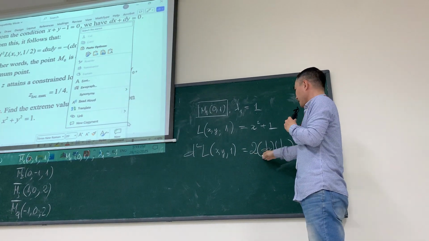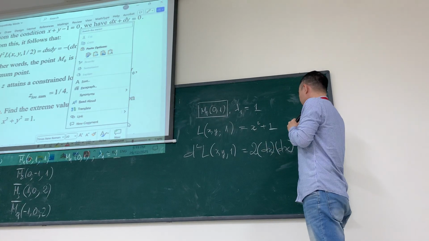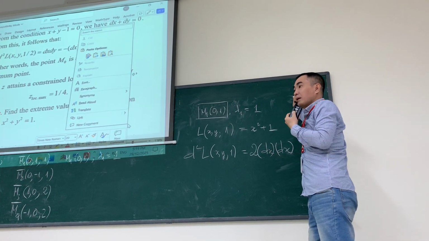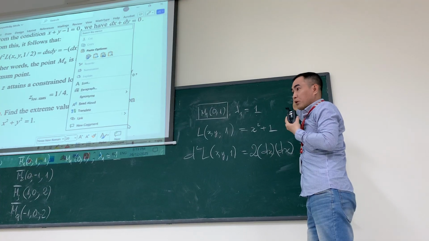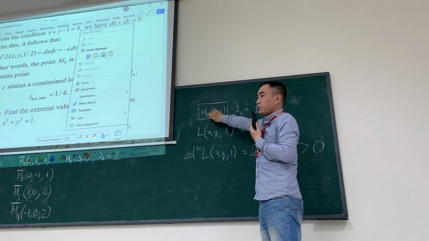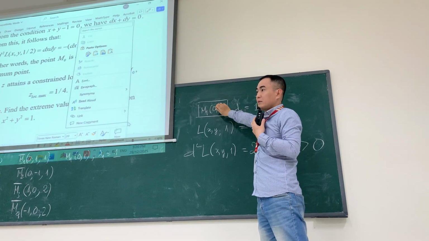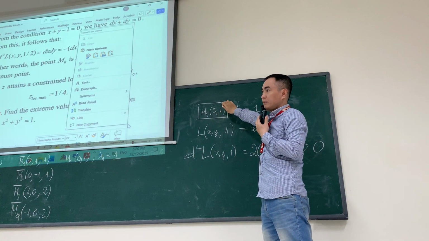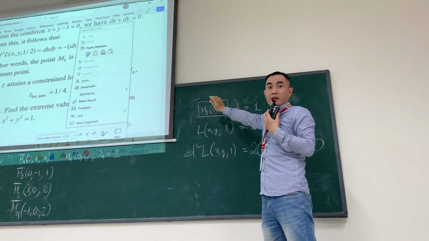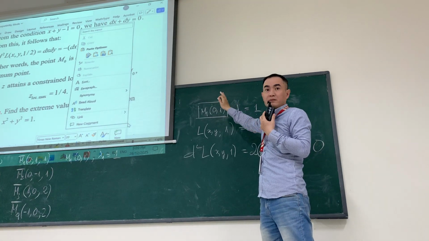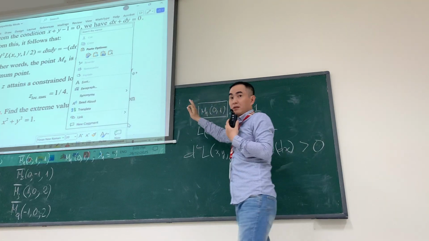Very easy to see the result here. Positive. It means this point M1 here is a maximum or minimum? Minimum. Okay, it is a constrained minimum point.